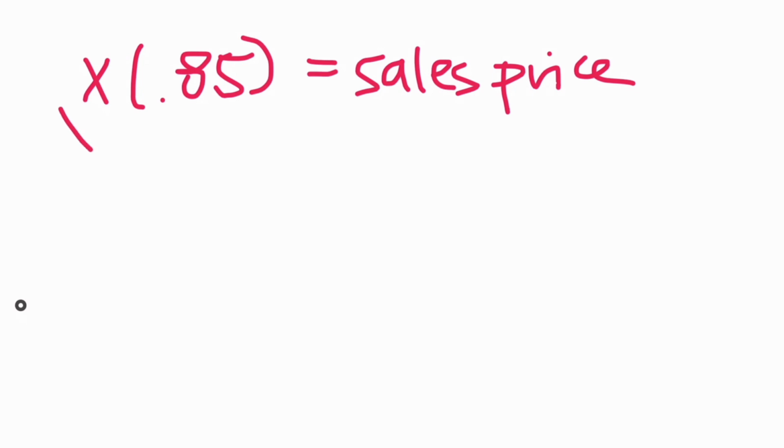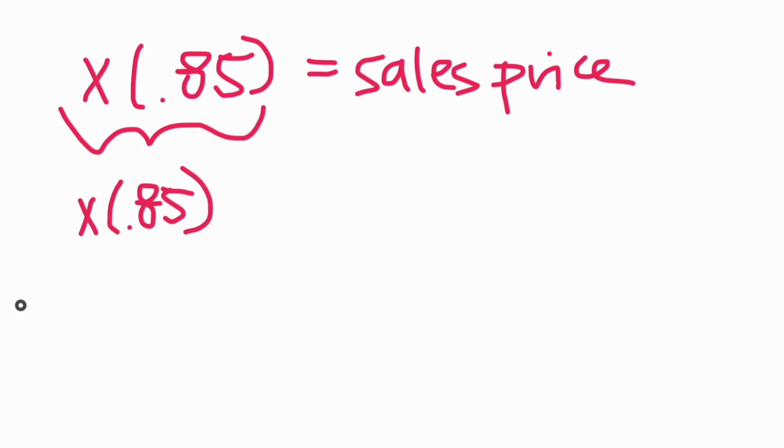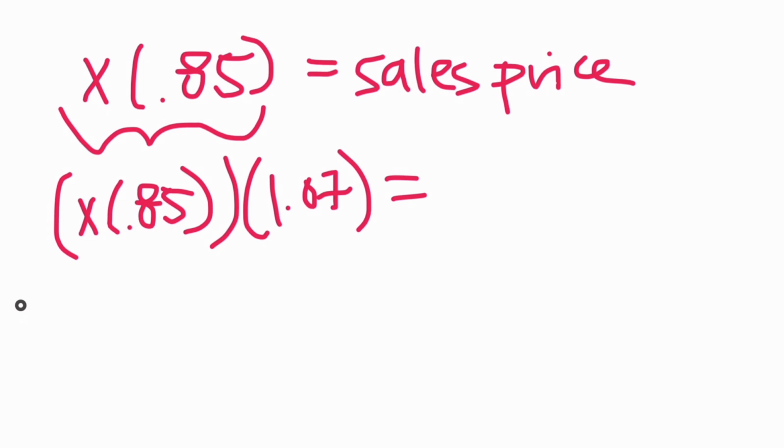Then you would take this amount and you would multiply it by the sales tax. So we would have X times 0.85, which is your sales amount, and then multiply this whole thing by the tax, which is going to be 1.07. And then this is supposed to equal the final amount of $12.40.